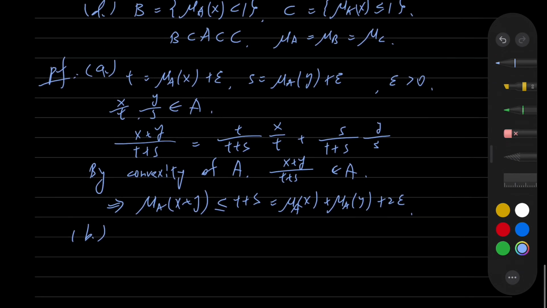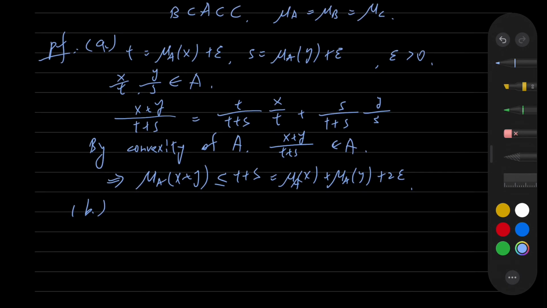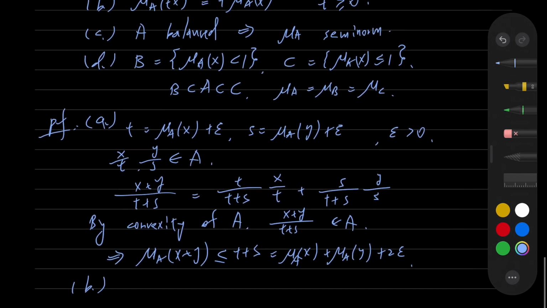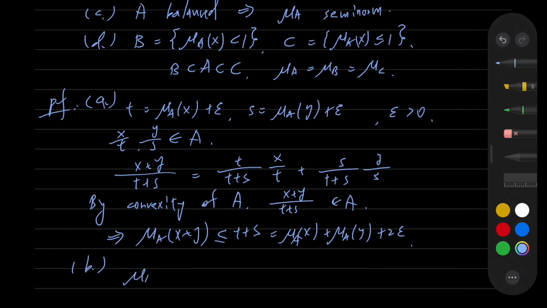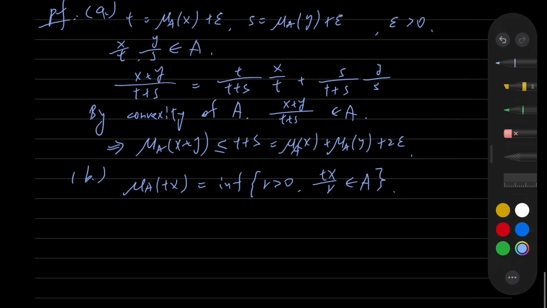Next, we want to prove it preserves positive scalar multiplication. And it's trivial. We just write down the definition and it follows. So mu A of tx is by definition the infimum of r positive such that tx over r is in A. And we can just take the t outside.